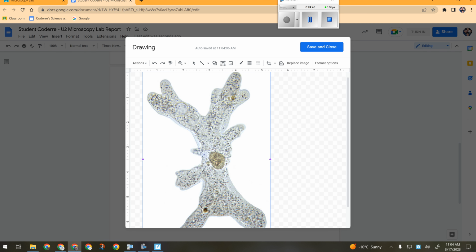So I've got the line tool now, and I'm going to draw a nice horizontal line off to the side. I'm going to label that thing, and that thing, and probably that thing. And notice I'm making all my lines go out to about the same length. This one's a little bit short. And let's say I'm going to label that.